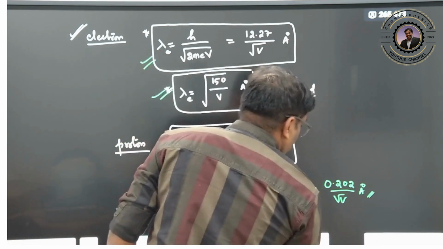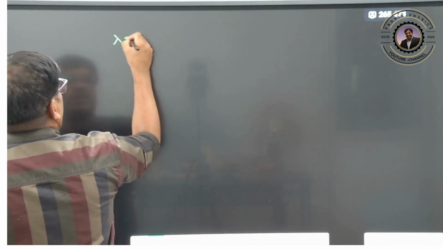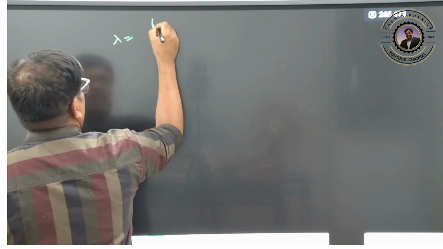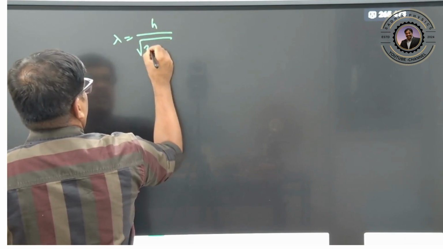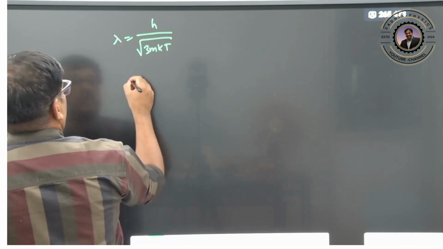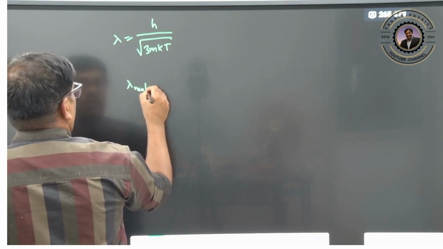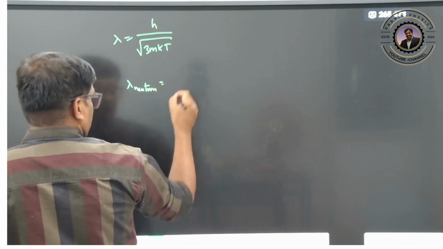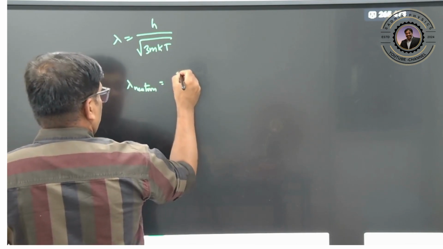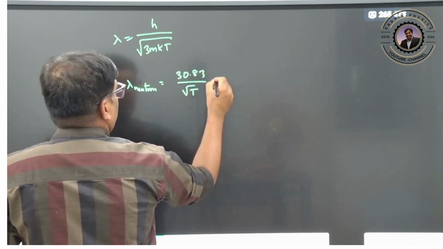Even so, we can have some more formulas. You know that de Broglie wavelength depends upon the temperature: h by square root of 3m into kT. K is nothing but the Boltzmann constant. So for a neutron at a particular temperature, it can be written as 30.83 divided by root T in terms of Armstrong.